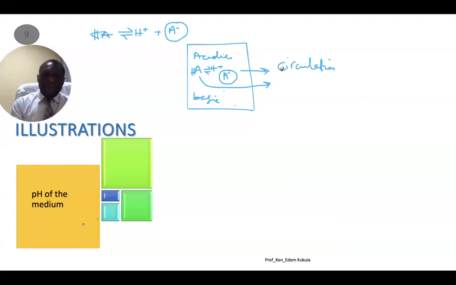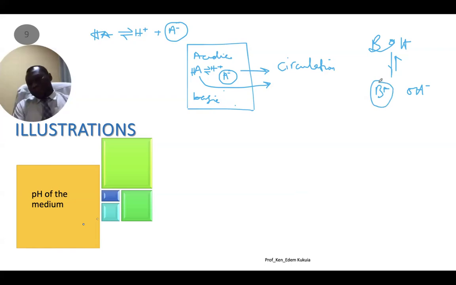Now let's flip this same scenario around. You have a basic drug. Let's represent it with BOH. It dissociates in solution to produce B plus and then OH minus. The B plus is the drug in solution.